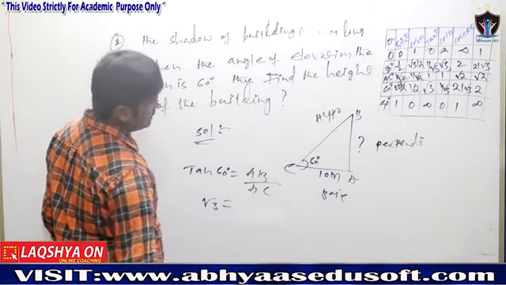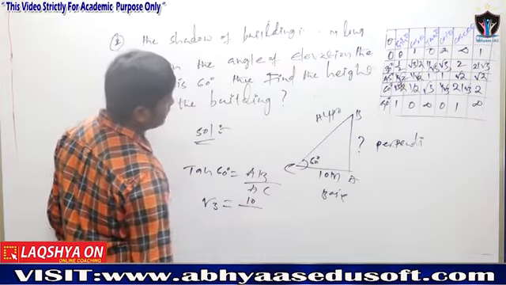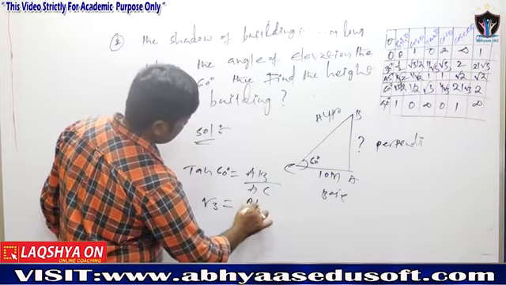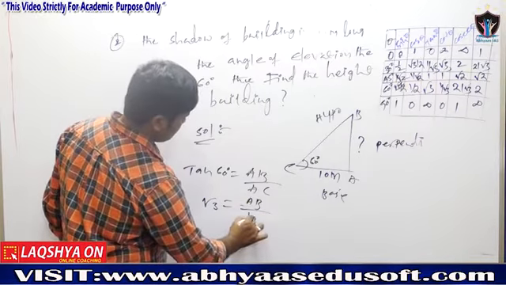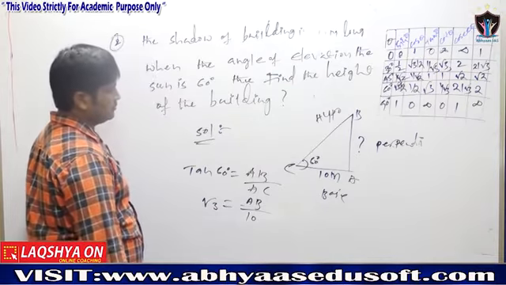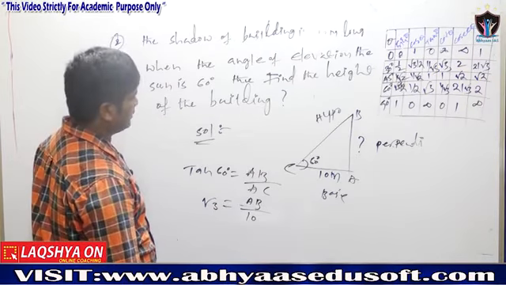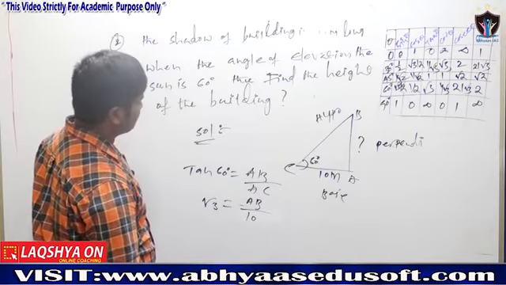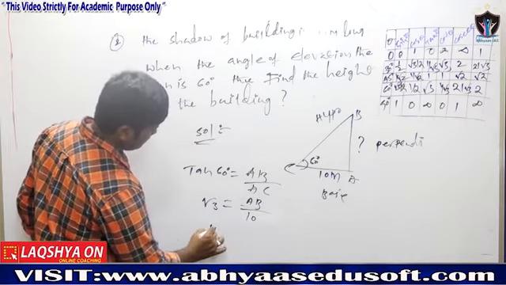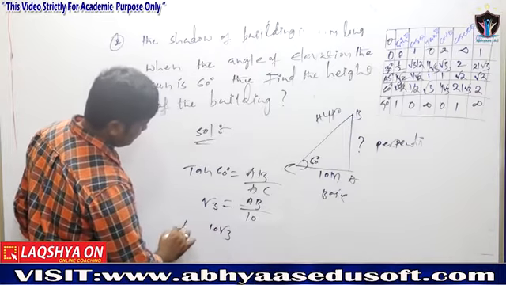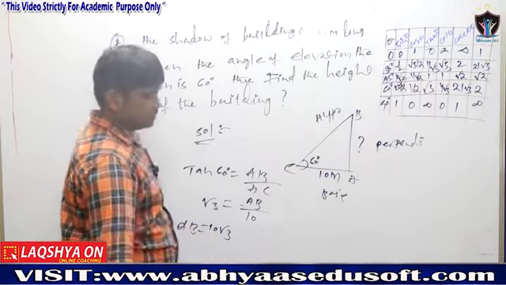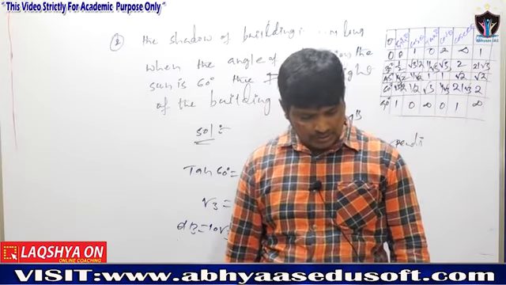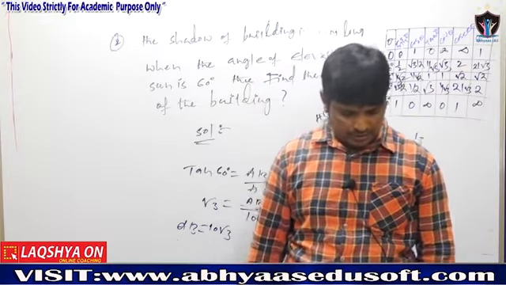So root 3 is equal to AB by 10. So then AB is 10 root 3 meters. In such a style we can take the second question, and either we can substitute that value or not.